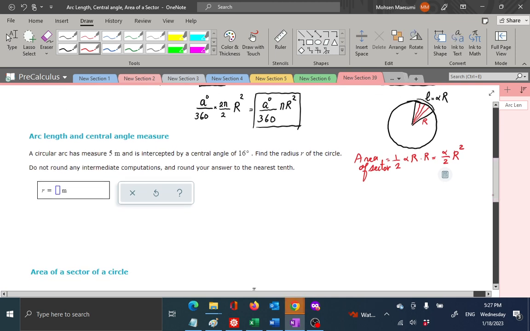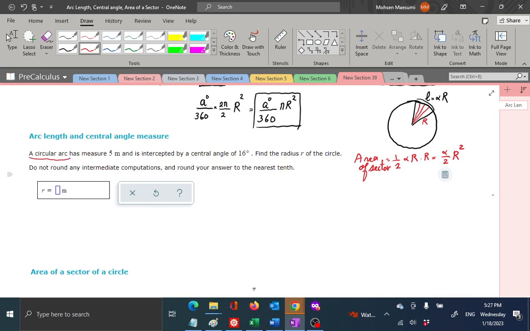Okay, here's a circular arc, has a measure of 5 meters, and it is intercepted by a central angle of 16 degrees. What does that mean? You have a circle, you have a central angle of 16 degrees.